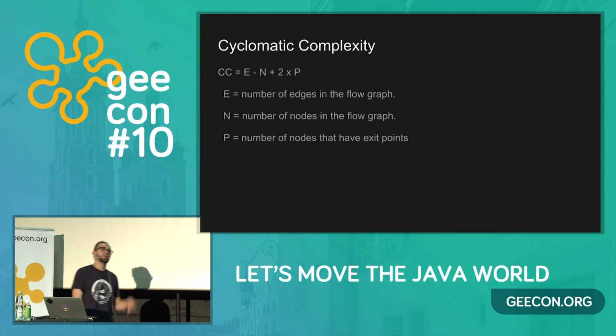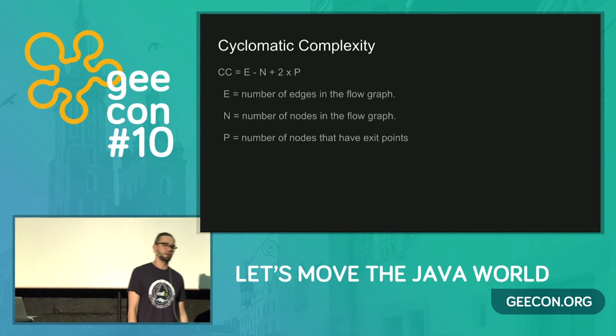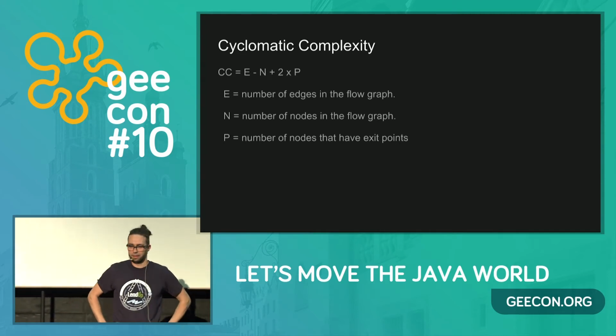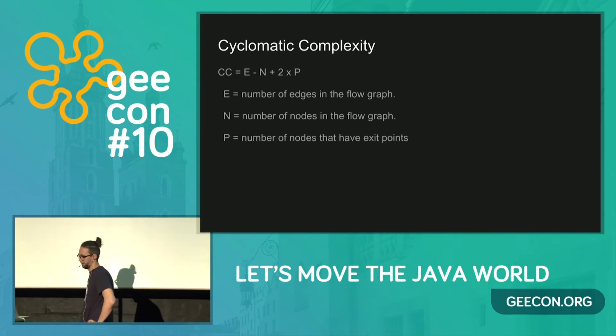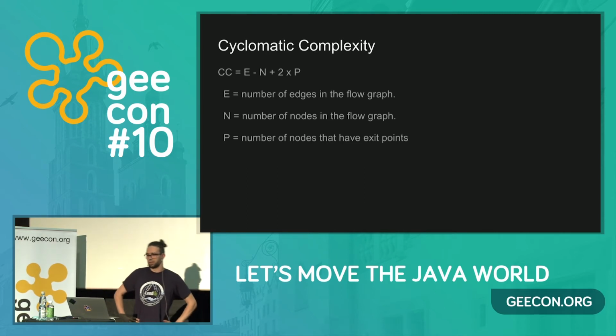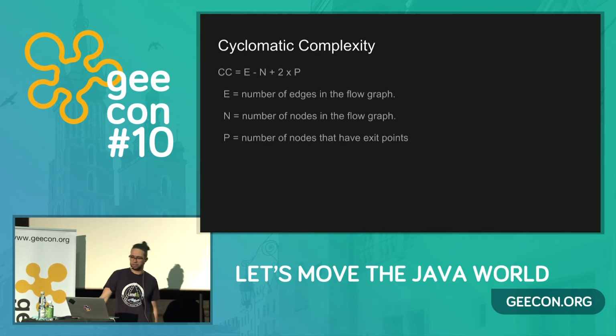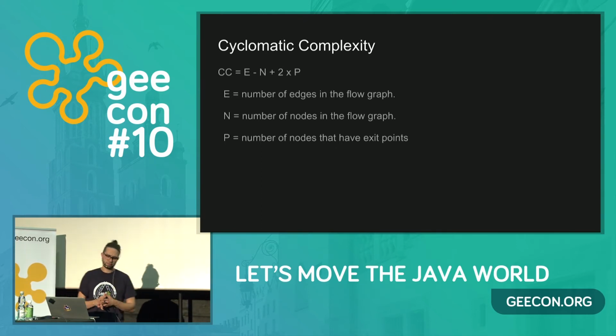So let's go back to something concrete, for example cyclomatic complexity, which is formal. It's McCabe's definition. We have the number of edges in a flow graph, the number of nodes, and nodes that have exit points, and we just have a calculation, and there have been some deficiencies identified with this model.